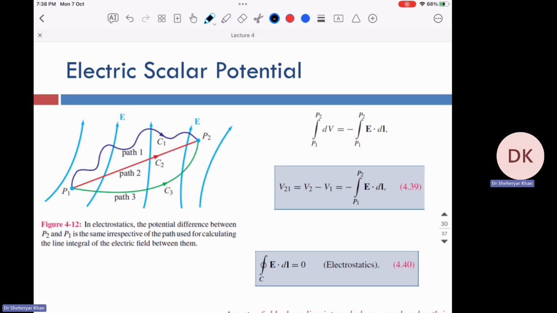I'll give you a more practical example. You have a circuit, a parallel circuit. You have one resistance, and then you have two more resistances on a parallel path.